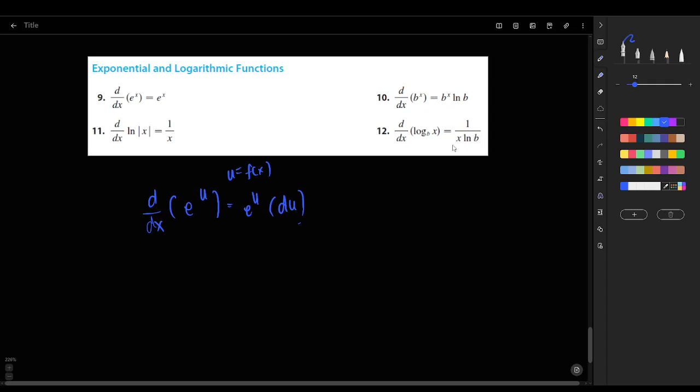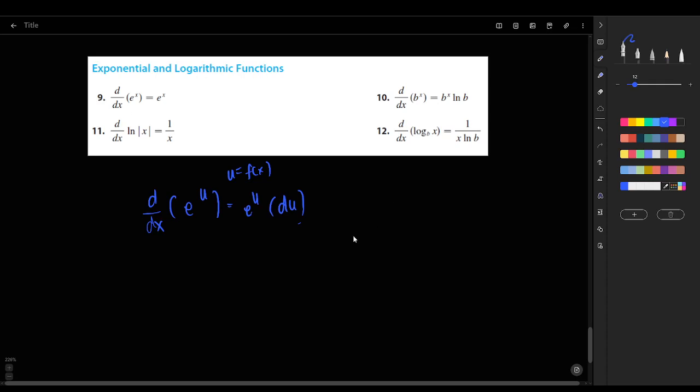And the same goes for the chain rule. If the x would be replaced by a function of x, let's say a quadratic equation, you just multiply it by du, if u is a function of x, or the differential of whatever is the exponent. Okay, for 11, the differential of the natural logarithm of the absolute value of x is equivalent to 1 over x.